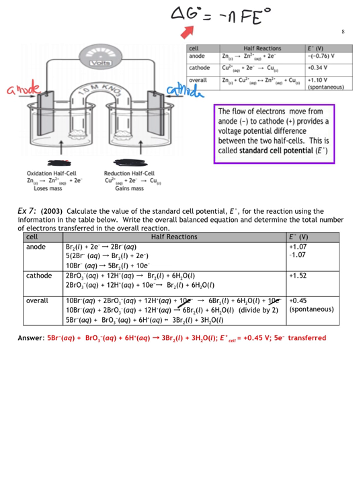E negative leads to a non-spontaneous reaction, because a negative of a negative gives you a positive, and delta G positive means it's non-spontaneous. So we can see the relationship between the sign of the overall cell potential and the spontaneity of the reaction.